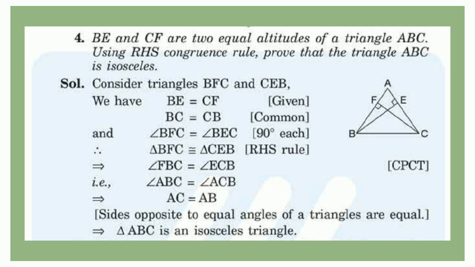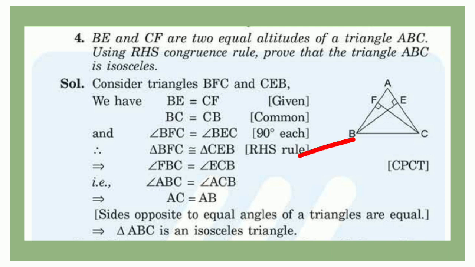Here we can see that BE equal to CF, it is given, and BC equal to CB, it is the common side, and angle BFC equal to angle BEC, each 90 degrees. By the RHS rule, we can say triangle BFC is congruent to triangle CEB.